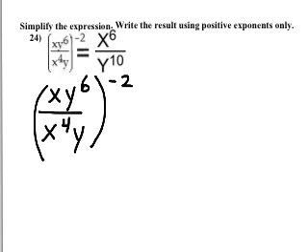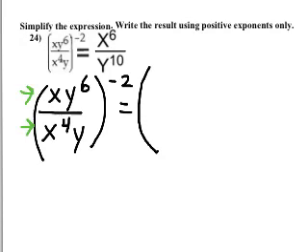We can take care of the stuff on the inside first, if we want to. This stuff, the numerator and the denominator. Because you can see there's x's in the numerator and in the denominator, and there's y's in the numerator and denominator. So we can rewrite this like this.